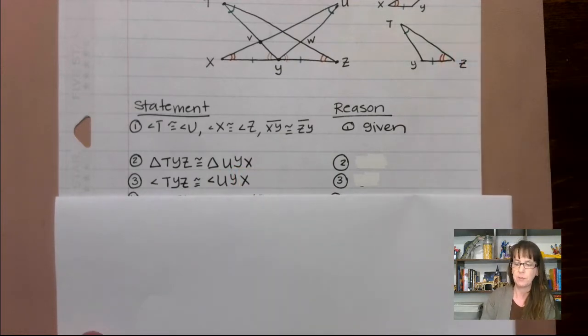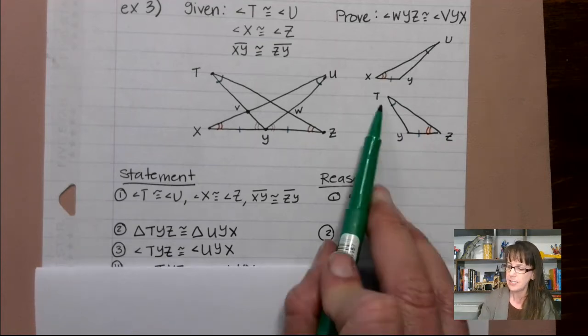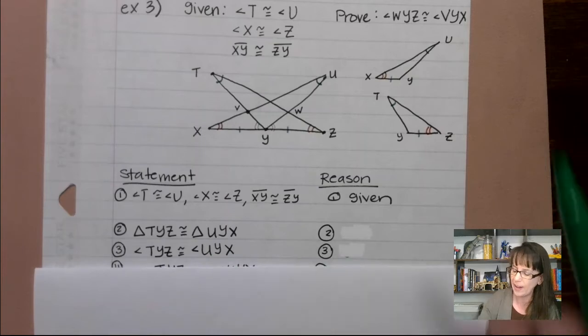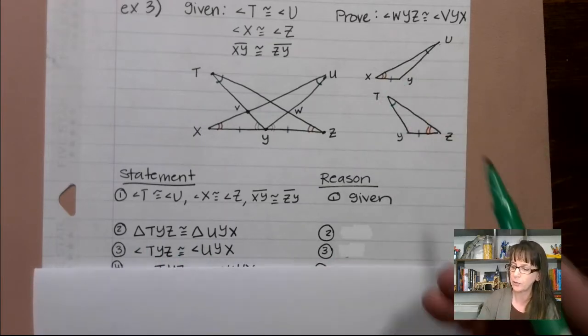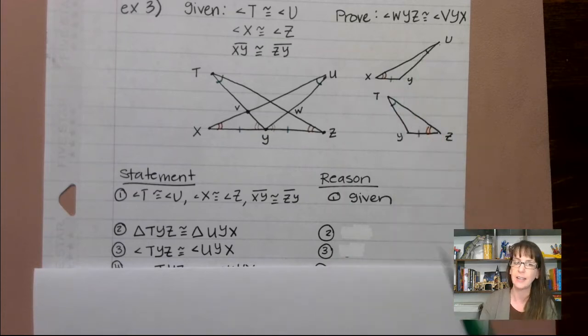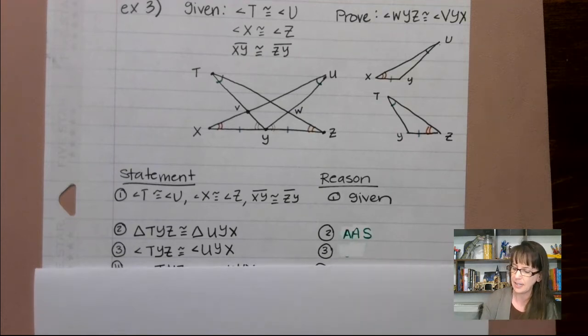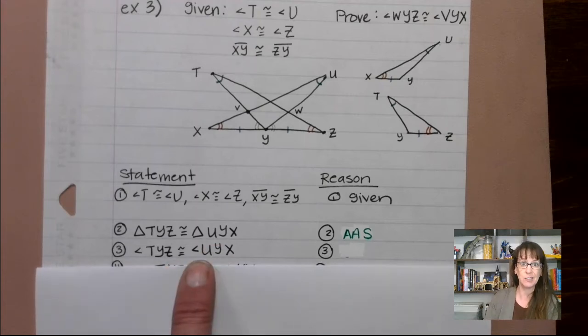Let me write that in my green. So those triangles are congruent because of angle, angle, side. Remember, it's not angle, side, angle unless the side is in the middle between those angles. So angle, angle, side. Now, because those triangles are congruent, those angles are also congruent.